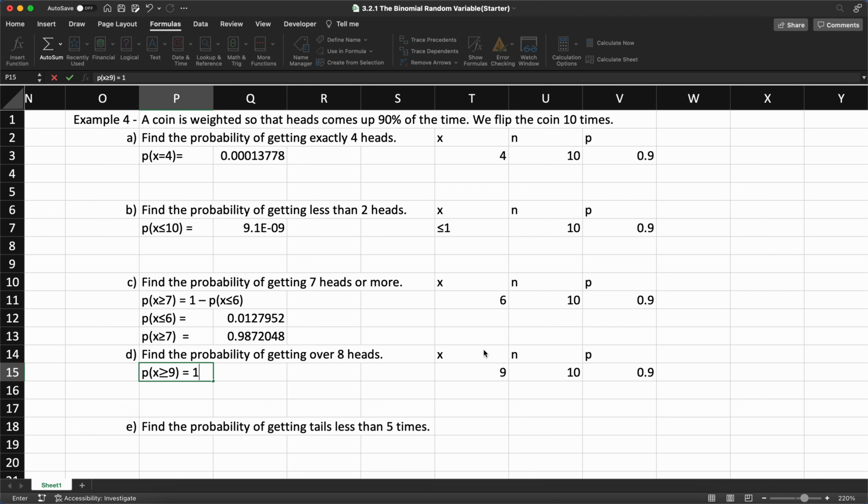And that's going to be 1 minus the probability that x is less than or equal to 8. So I guess for the thing that we're calculating here, x is going to be 8 because we have to calculate what's less than or equal to.